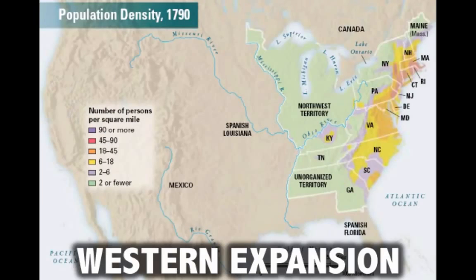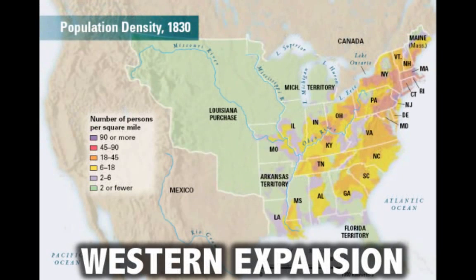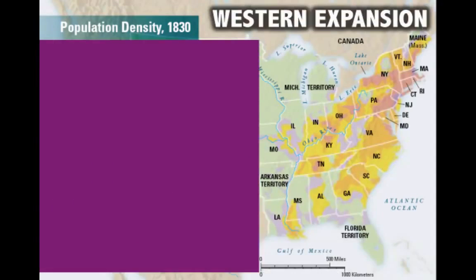If you look at a map of America in 1790, the population density was kind of hugging along the Atlantic seaboard. And you see this change because by 1830, the population is moving west. You still got these population centers like Boston and Philadelphia, but people are moving west with increasing frequency. And there's a lot of different reasons for it.